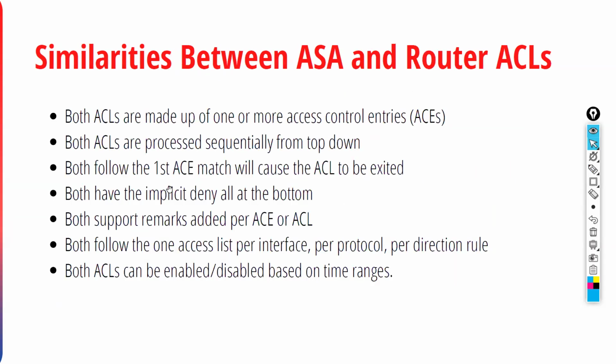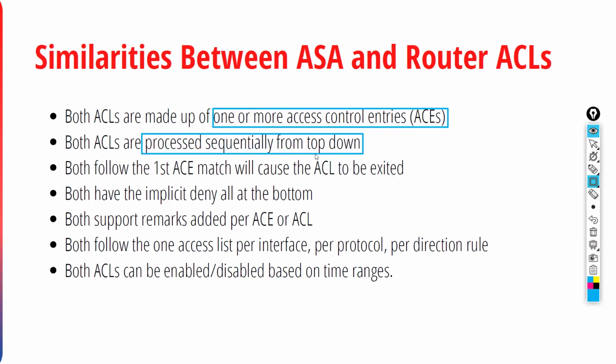And these are the similarities between your router and ASA access lists. So what are the similarities? First of all, each ACL is made up of one or more access control entries. That means one access list can have multiple entries. Then they will be processed sequentially from top to down. That means line by line, they will be tested.